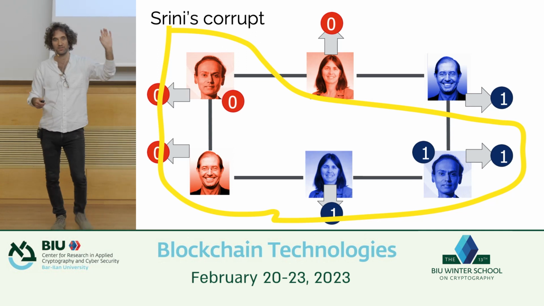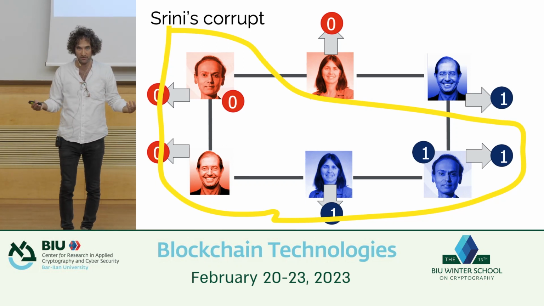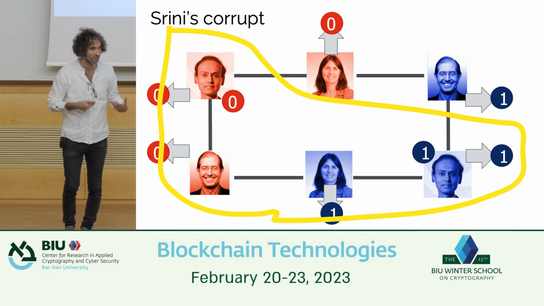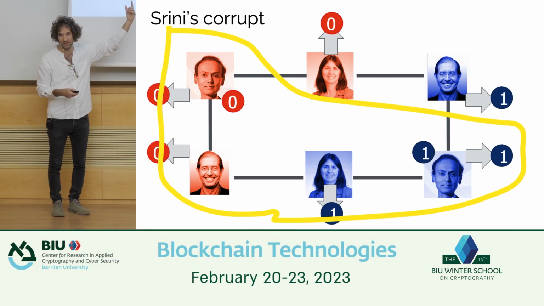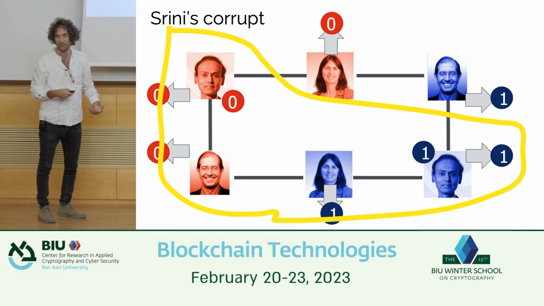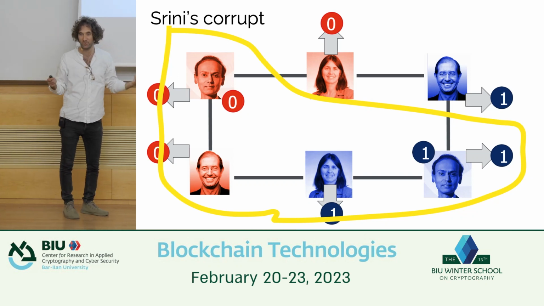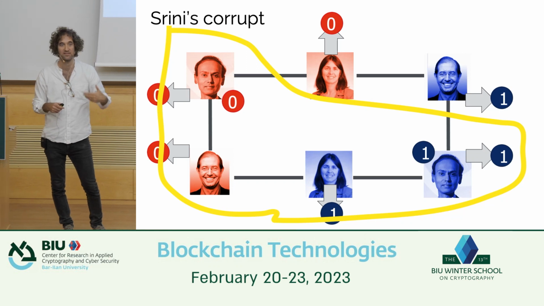This attack relies on what's called free simulation, that I can simulate people freely. If computation is expensive, then it's actually costly to simulate you. And therefore, if you look at the computational power of the attacker here, it's much more than 1/3. It's going to be, in fact, more than 1/2, because he needs to simulate these two guys also. So at the very least, he needs to do all the work of Silvio and Shafi. So if they require a lot of work, then he needs to do at least that, plus himself. So the computational power required here is at least the same as the honest guys.